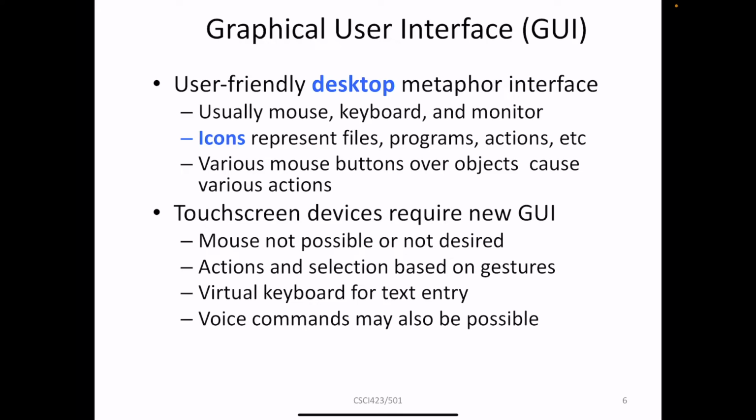Although the physical keyboard is not available, you can still type in data through the virtual keyboard. As technology develops, we have voice commands to control the devices, for example, Siri in Apple devices and Cortana in Windows 10.